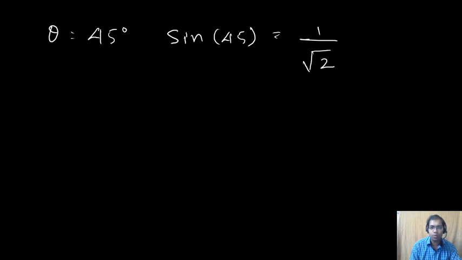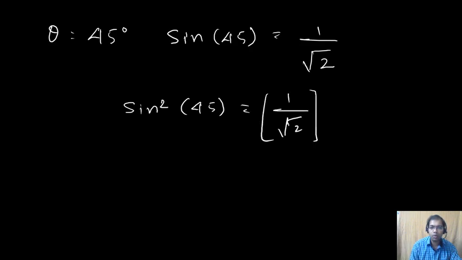Now theta is 45 degree and sine of 45 is equal to 1 by root 2. So sine square 45 will be nothing but 1 by root 2 the whole square, which is equal to 1 by 2.